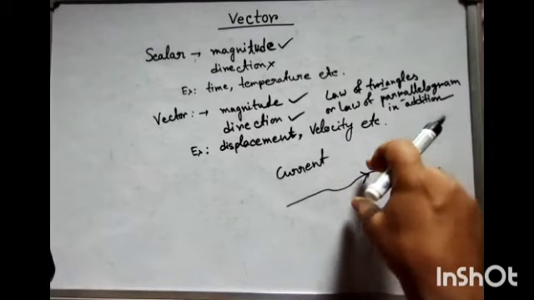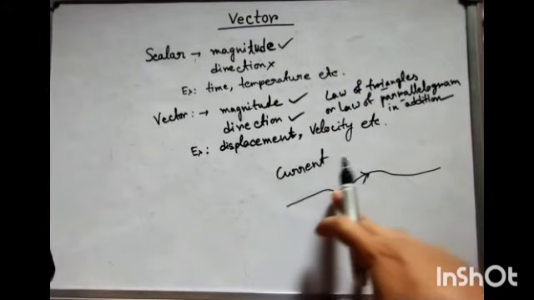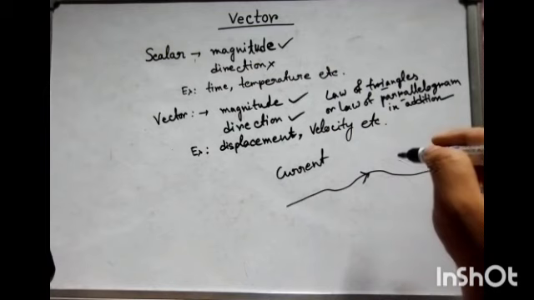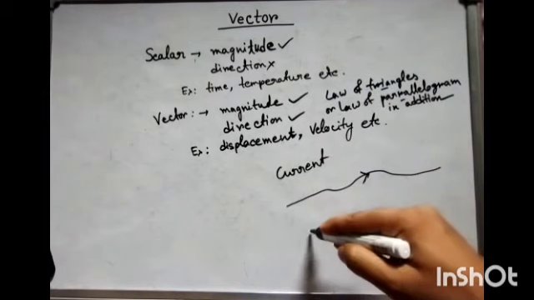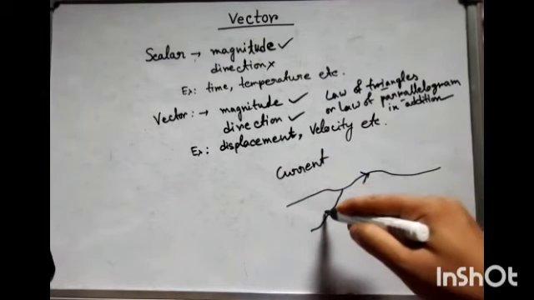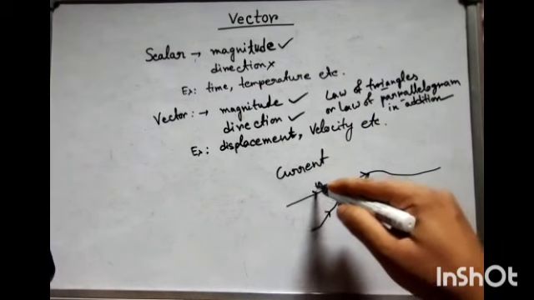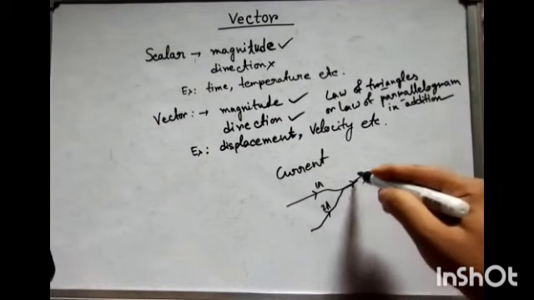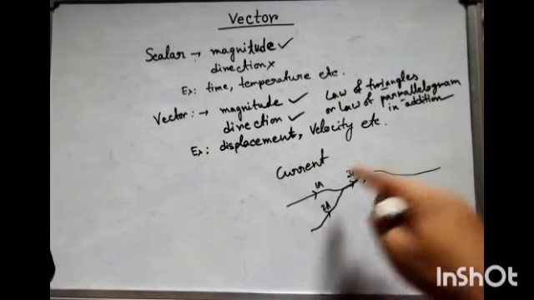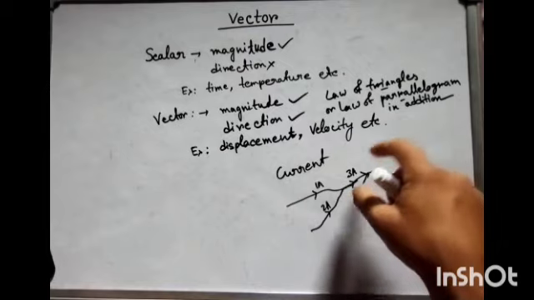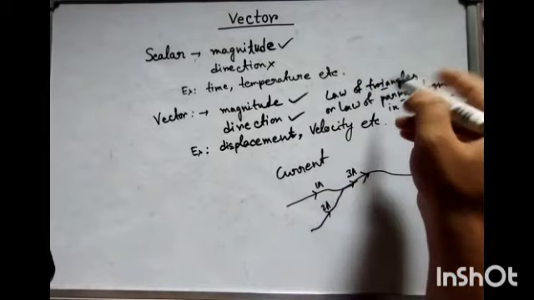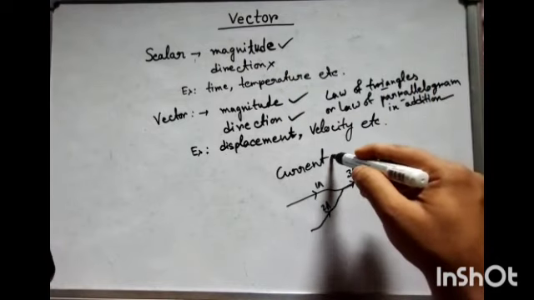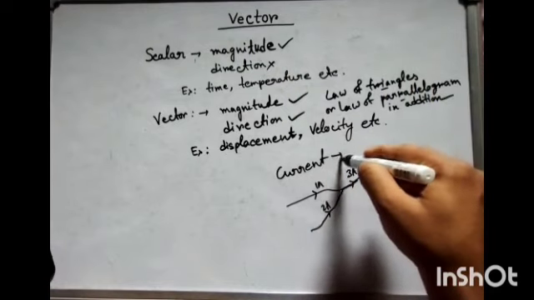And it is flowing in a direction, but still it is not a vector because it does not add like one. Suppose there is a junction, here 1 ampere is coming and here 2 ampere is coming, and then there 3 ampere will flow. So current does not follow vector addition rules. That's why current is not a vector quantity.